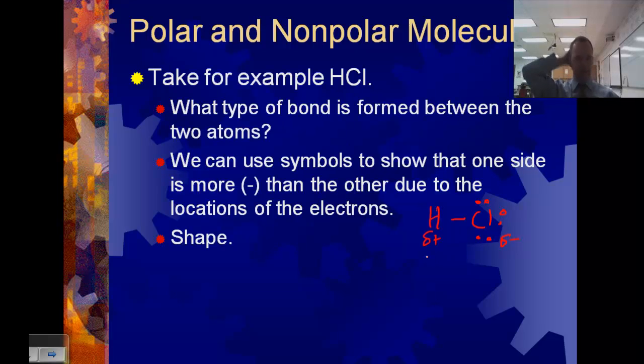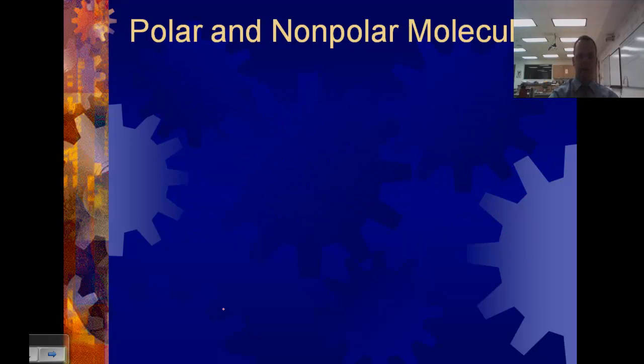So based on the fact that it is linear and it has a positive and negative side to the molecule, we would have what's known as a polar molecule. It has polar covalent bonds. It is a polar molecule. Just because you have polar covalent bonds doesn't mean it has to be a polar molecule. It means it could possibly be based on the shape and the structure.